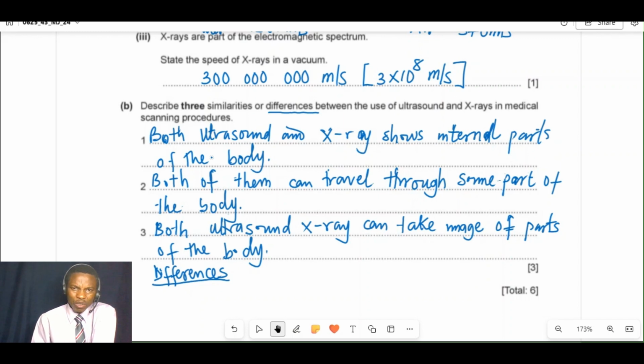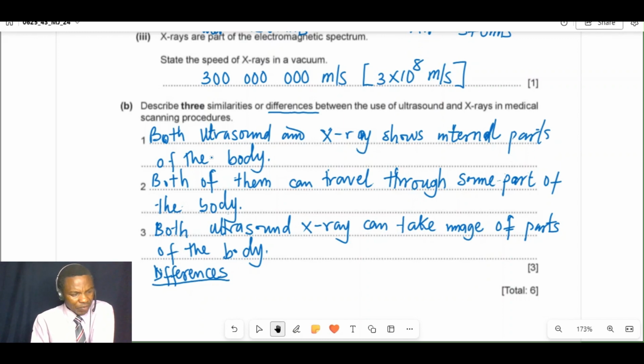So based on the mode of picture formation, X-ray forms images by traveling through the tissues of the body, while ultrasound forms images by reflection along the boundary between different tissues.